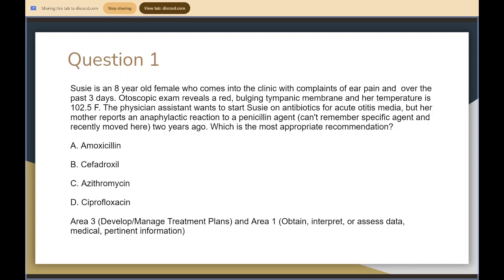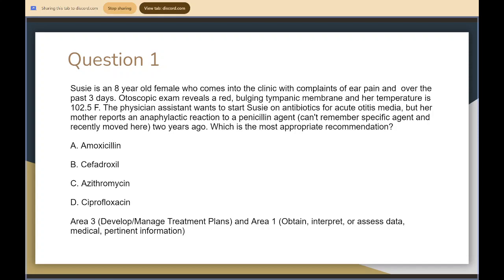So, Susie is an 8-year-old female who comes into the clinic with complaints of ear pain and fever over the past 3 days. Otoscopic exam reveals a red bulging tympanic membrane and her temperature is 102.5.